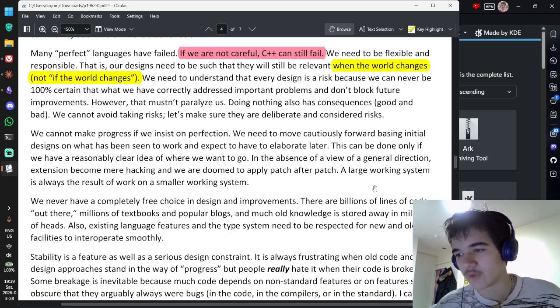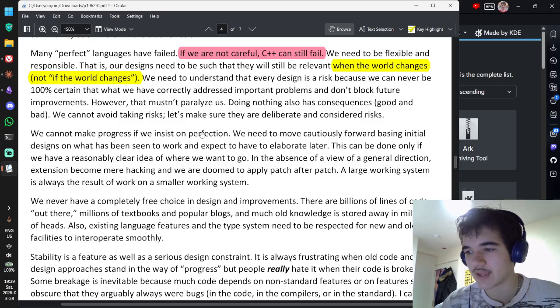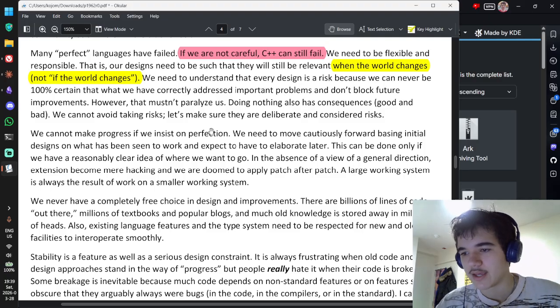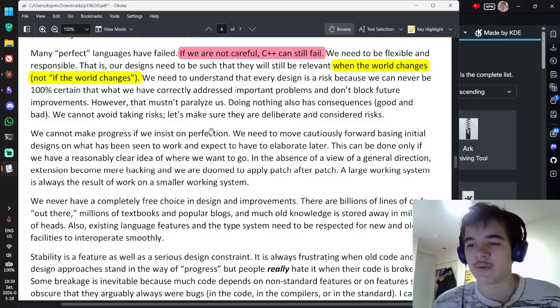We need to move cautiously forward, basing initial designs on what has been seen to work and expect to have to elaborate later. This can be done only if we have a reasonably clear idea of where we want to go. Yeah, which is also hard, by the way.